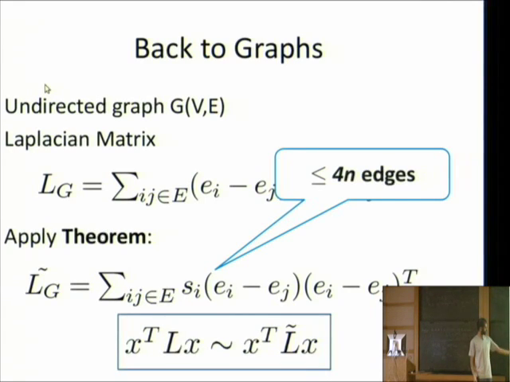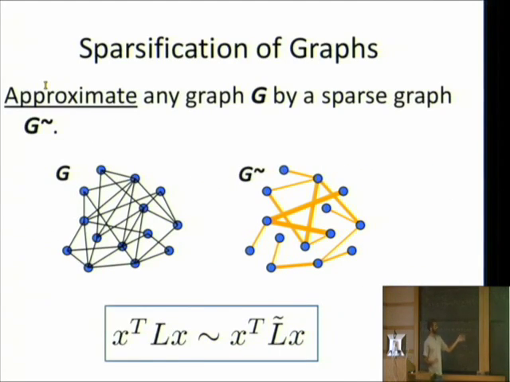And I know that the Laplacian matrix of G tilde is close to the Laplacian matrix of G by my theorem. And the point is that G tilde has only 4n edges. Okay. So what I've done is, you can give me any graph G with up to n squared edges, and I can find you a weighted graph now with 4n edges. So it's very, very sparse. So these quadratic forms are close.